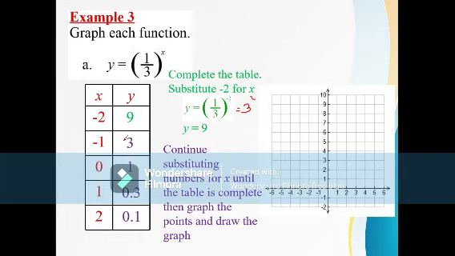So the value of y would be positive 3. If x is 0, the value of y would be 1. Remember, any number raised to the power of 0 is 1. If x is 1, the value of y would be 1/3 or 0.3. If x is 2, the value of y will be 0.1 because that becomes 1 over 3 squared. 3 squared is 9. 1 over 9 is 0.1.